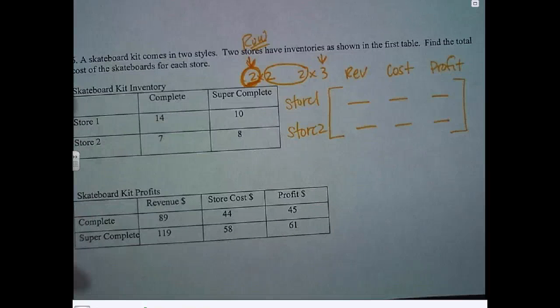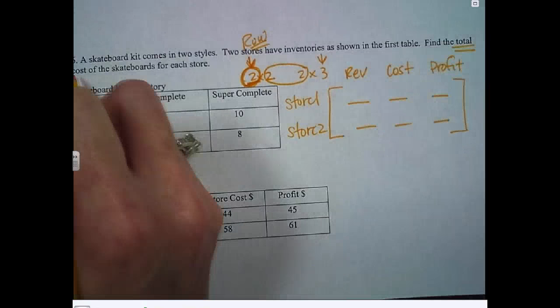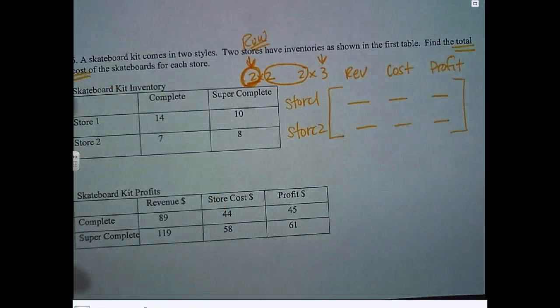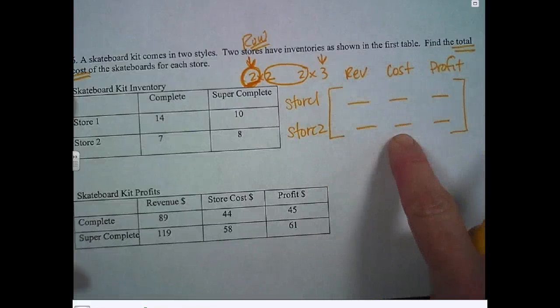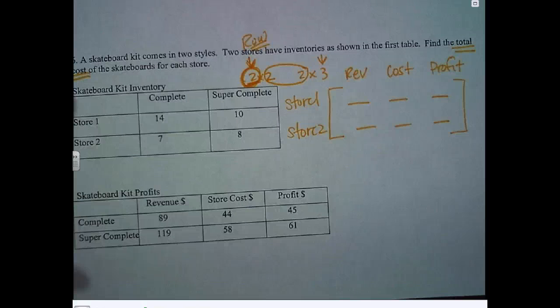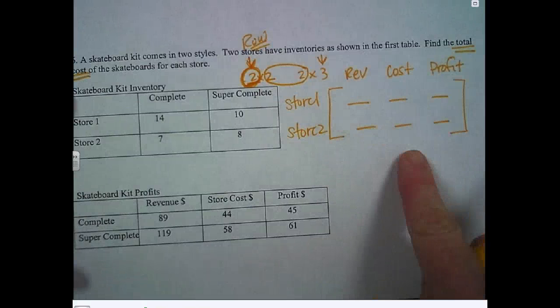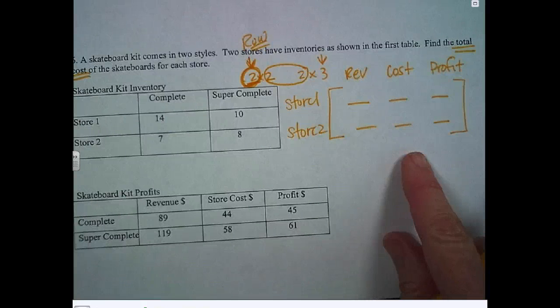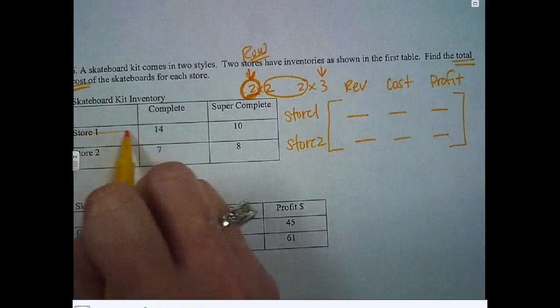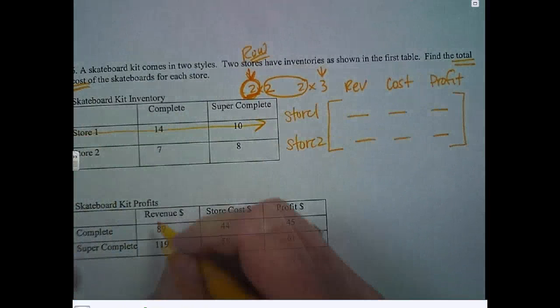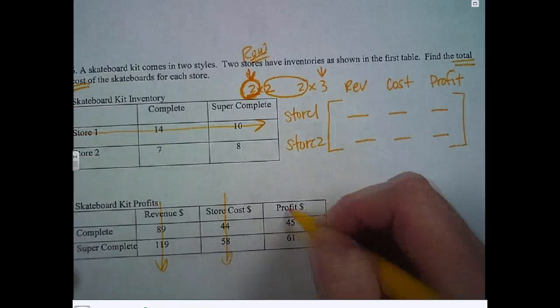Now, I'm actually asking for the total cost. Which column do I actually want? This one, right? You can fill them all in if you want, but I'm actually just asking for this. Now, this is where you would need a calculator because of the math. Right, so if we start, we're gonna go this way. This is 1, and this way. 1, 2, 3.